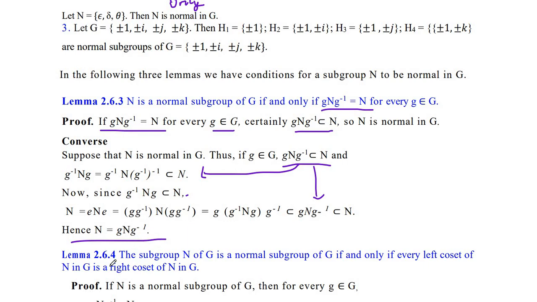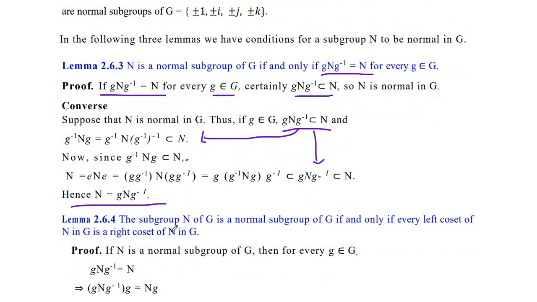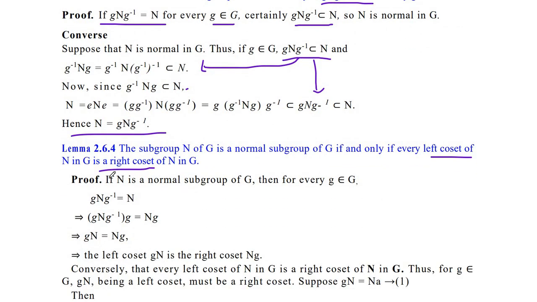Next we have the lemma which states that the subgroup N of G is normal in G if and only if every left coset of N in G is a right coset. Every left coset should be a right coset. Now if N is normal in G, then for every g in G, gNg⁻¹ equals N. This is what we proved in the previous lemma.